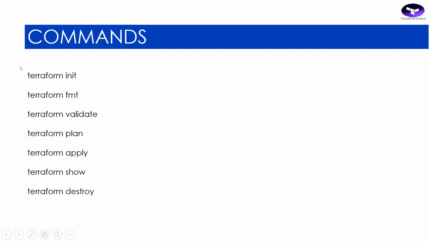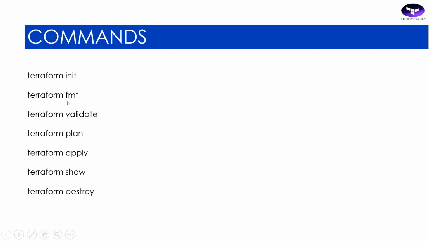For now, just understand that terraform init initializes and downloads all the dependencies required, either the plugins, the modules, or a state file from an S3 bucket or any third party supported as a backend.